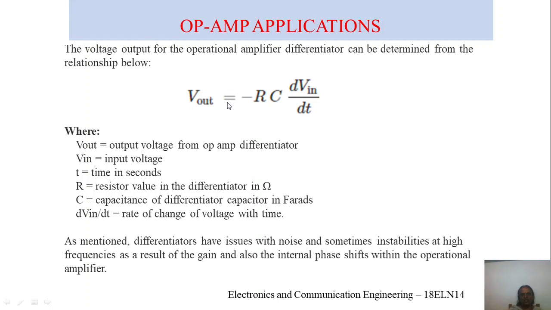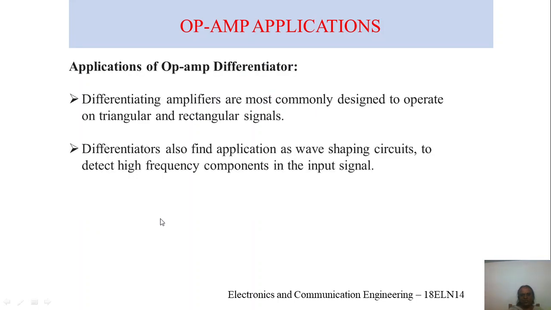V out equals minus RC into dV in by dt, where V out is the output voltage from the op-amp differentiator, V in is the input voltage, t is time in seconds, R is the resistor value in ohms, C is the capacitance of the differentiator in farads, and dV in by dt is the rate of change of voltage with time.